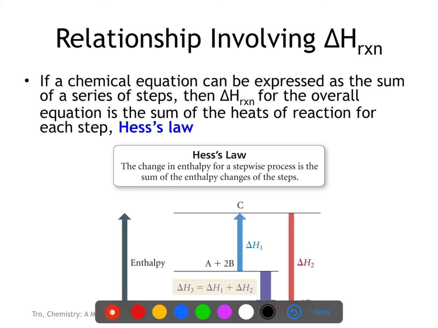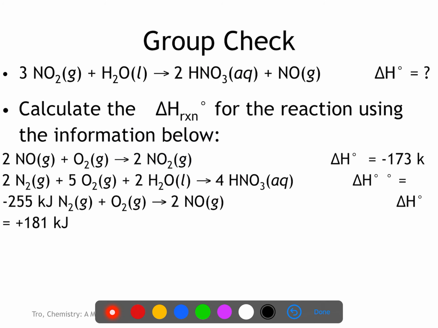What that basically means is that if you have this equation and you don't know the heat of the reaction, but there's small little reactions where the heat of the reaction is known, you can manipulate them to get your overall equation, and the sum of all of those heats of reactions, multiplied and divided or manipulated however you did to the reactions themselves, will equal the heat of the reaction that you're looking for.